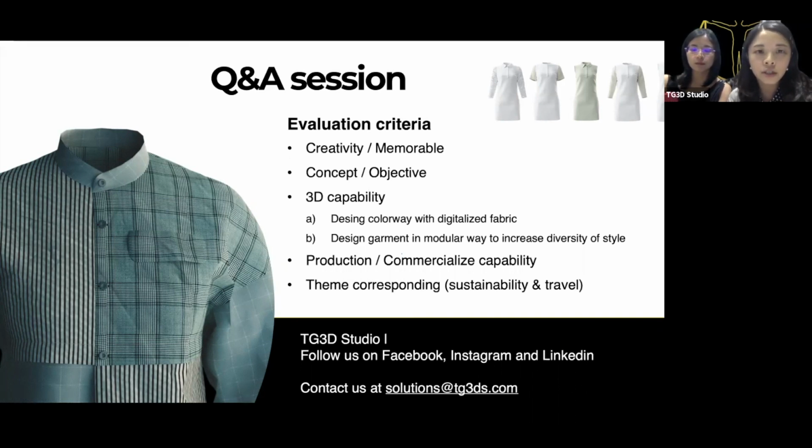So the technical sheets and the patterns are only required for the 3 finalists. However, for other participants, you will only need to send us the sketch, material board, mood board, and the small bio of yourself.